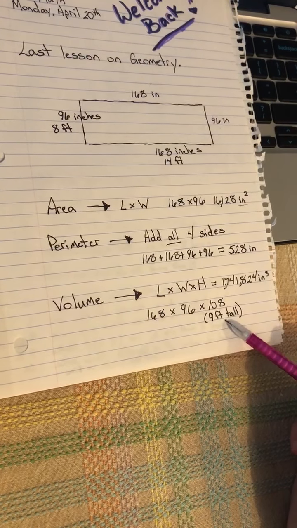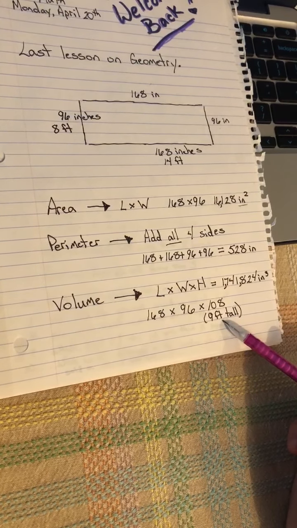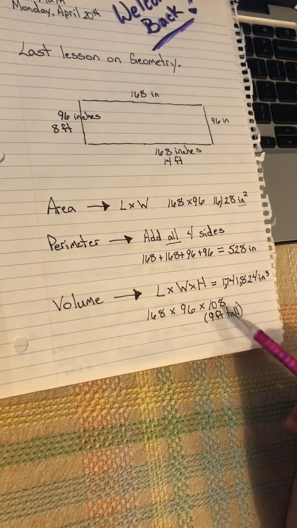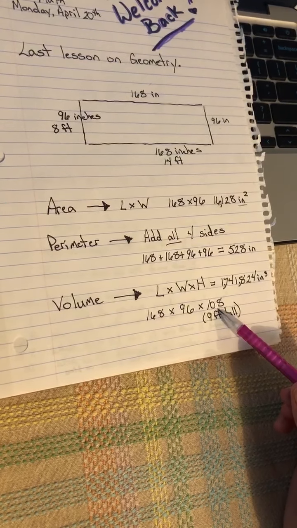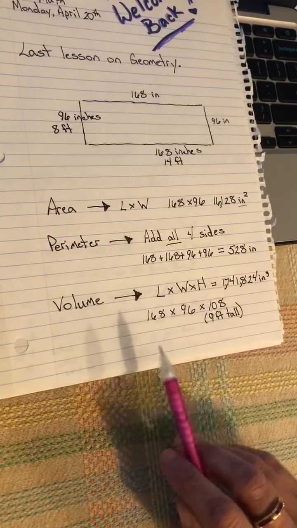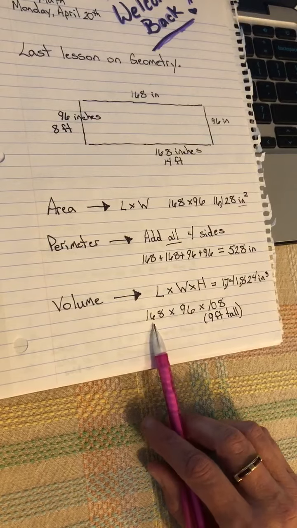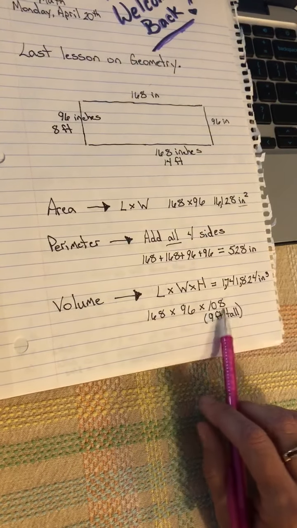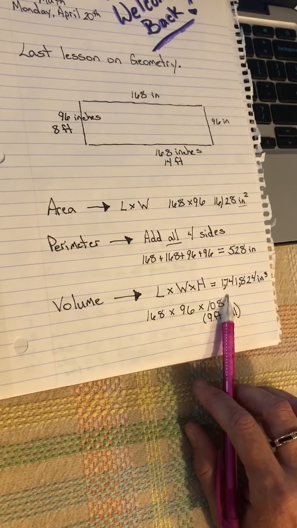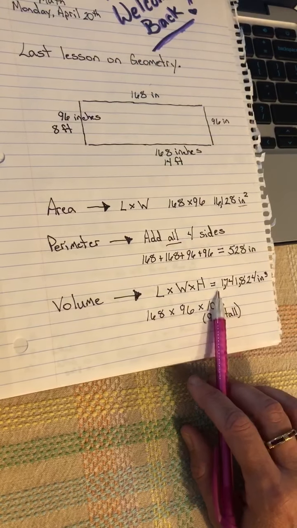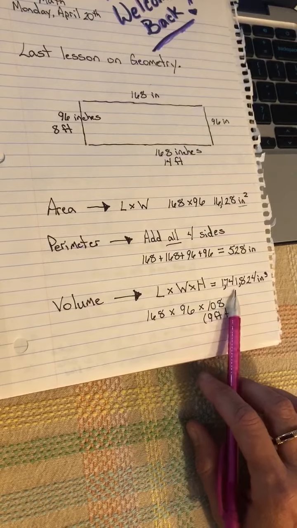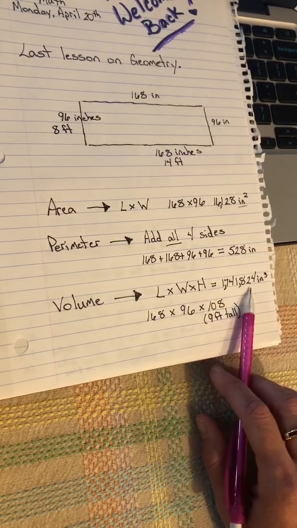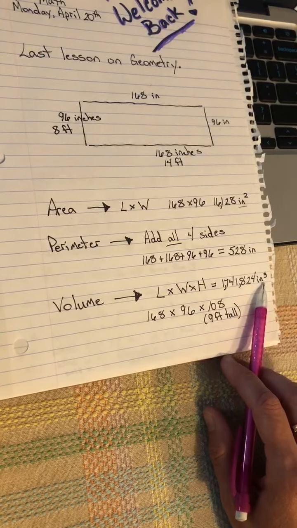If the ceiling was 9 feet above the floor, then my height would be 108 inches. And when I multiply them together, I get 168 times 96 times 108, and I end up with this very large number, 1,741,824 inches cubed.